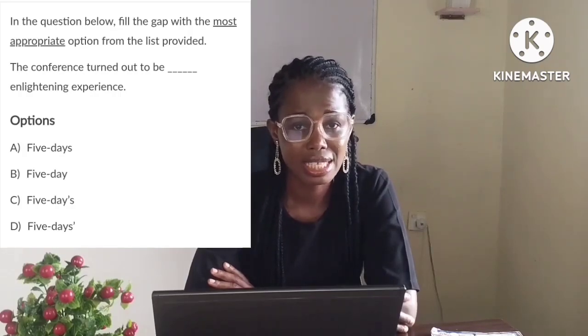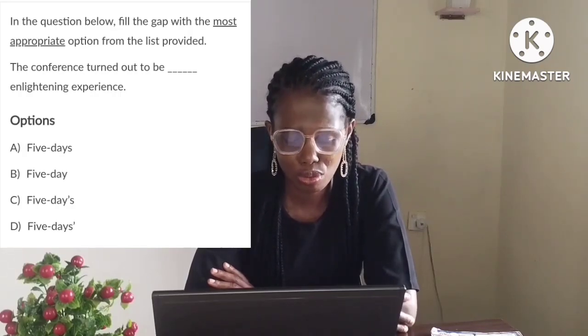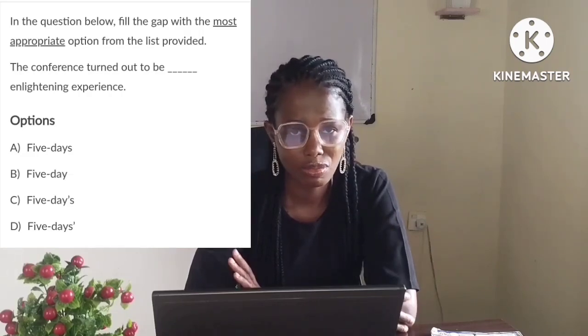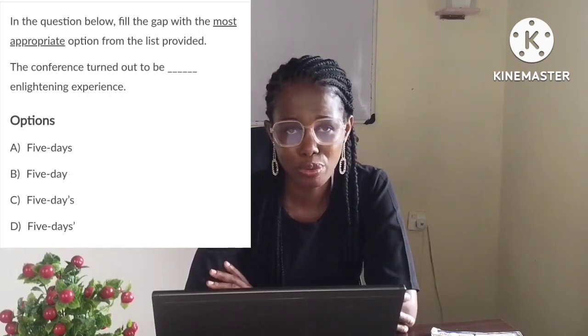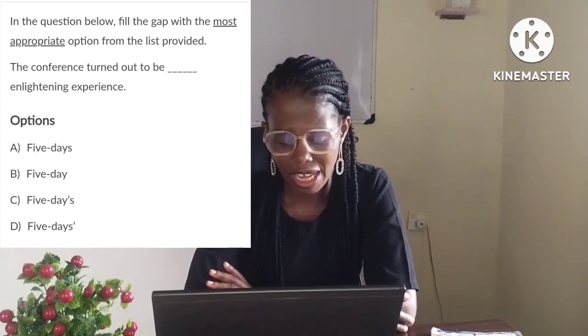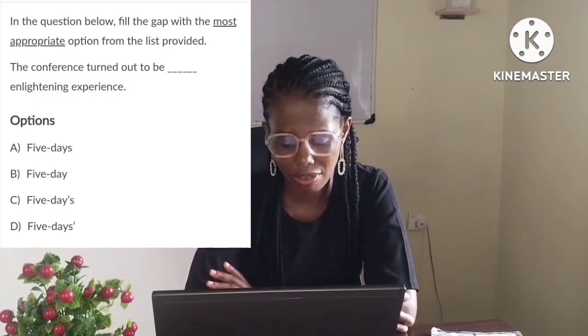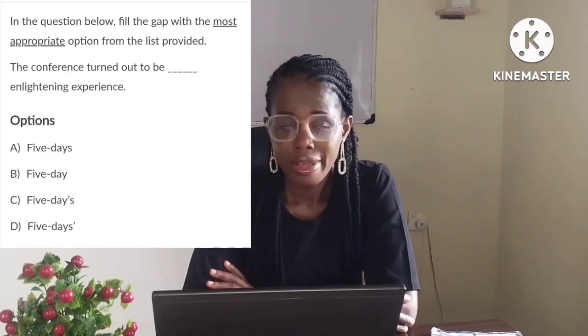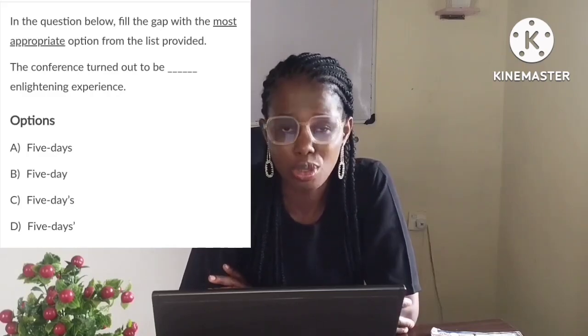So you're going to leave the noun without the plural marker. You're going to say 5-day. The conference turned out to be 5-day. So option B is the correct answer, not option A. None of them is correct except option B.